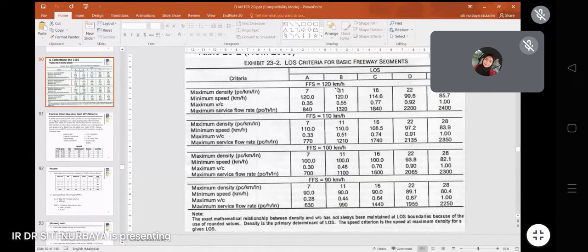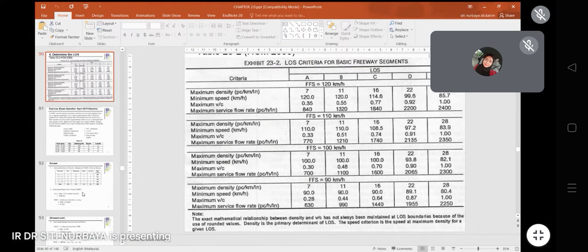So roughly you can estimate the LOS is B. The 9 falls almost near to 11 passenger cars per kilometer per lane. So there we get LOS is B. Otherwise, let's look at table 7.